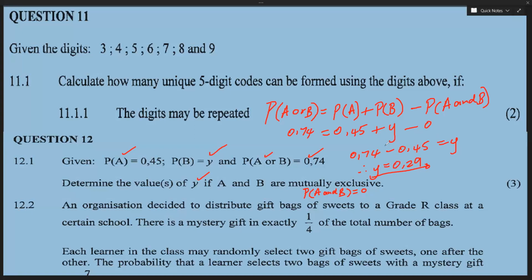Okay, perfect. Ladies and gents, I'm so sorry about this, I think I skipped some few questions on 11.1. So I'm going to quickly go do them. I'm really sorry about that. Let me just clear all.